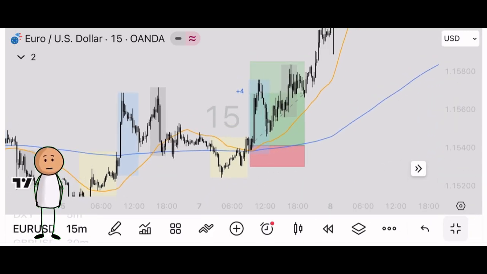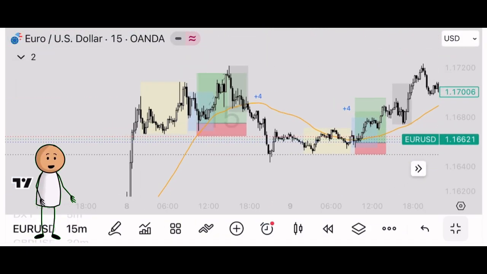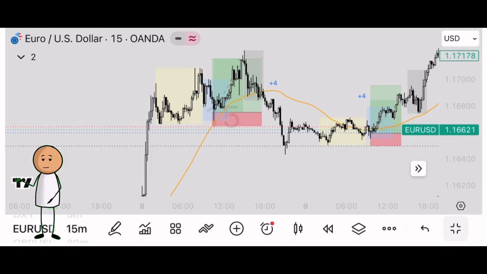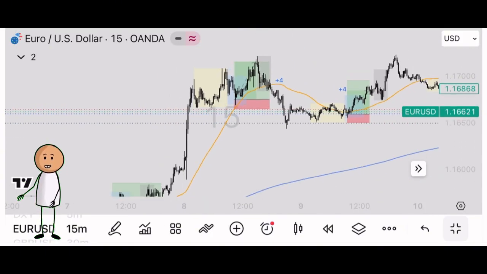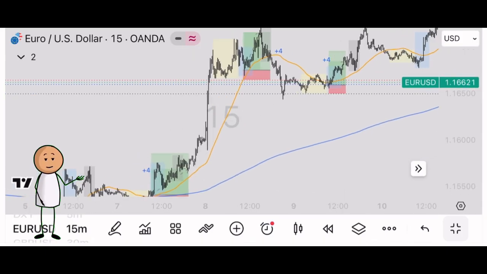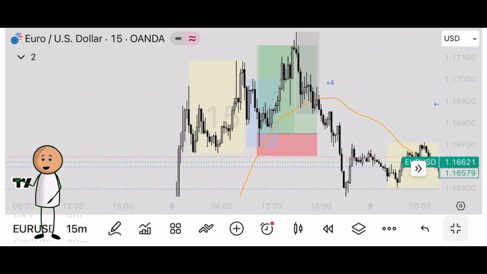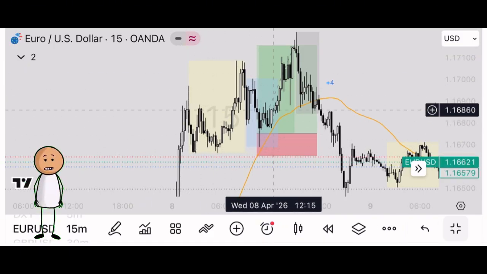So we can now see that the concept works when you're using the EMA and the SMA, or both EMAs. You don't just use the EMAs alone. You have to also use breakout structures and ranges and understand where the market is going on the higher time frame.